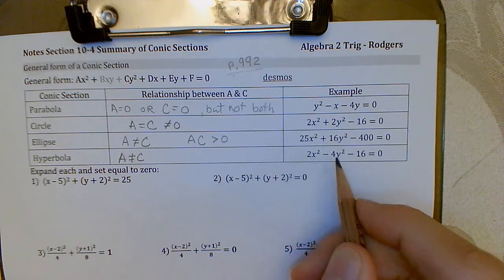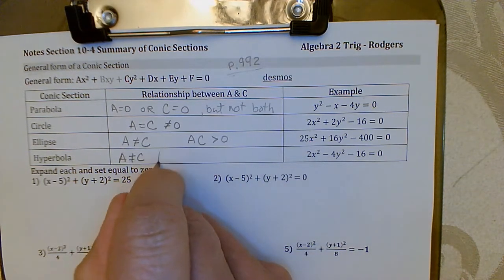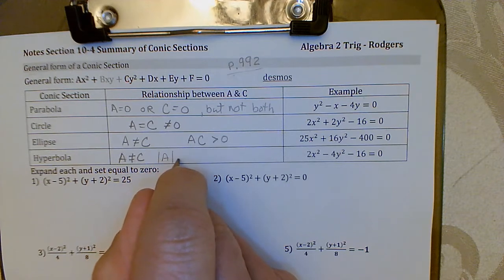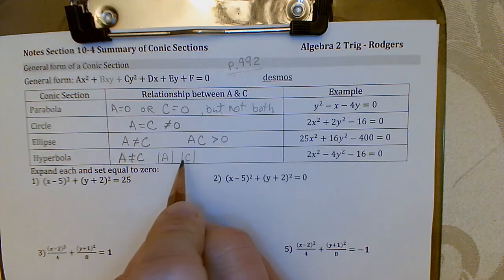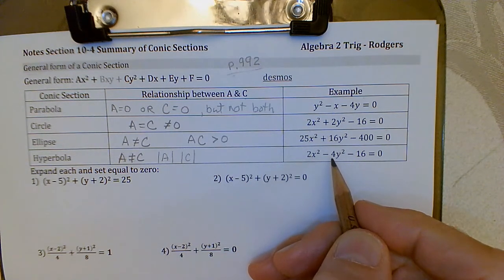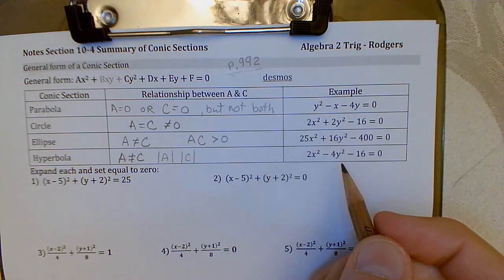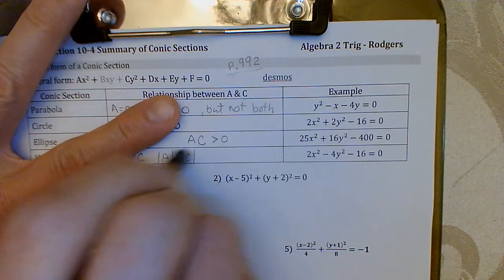One's going to be positive and one's going to be negative. They could have the same magnitude, right? So the absolute value of A and the absolute value of C could be the same. They don't have to be, but they could be. So this could be 2 and this could be minus 2. That's fine. The box we draw for the hyperbola would just end up being a square. So that's possible.